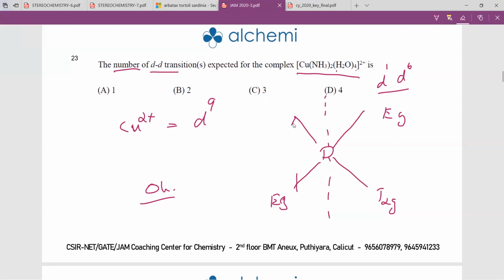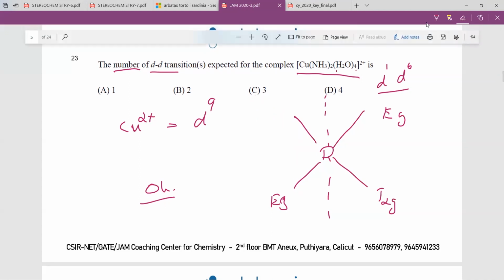So for this type of system, the orbital diagram will have some changes. Let's see how we should approach this type of problem. For this type of molecule, the upper state, the T2g state, will be splitting into 3. So we get excitations like this: 1, 2, 3.